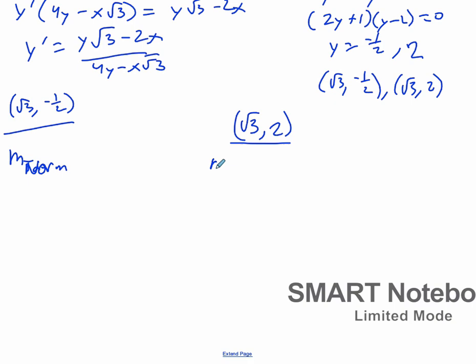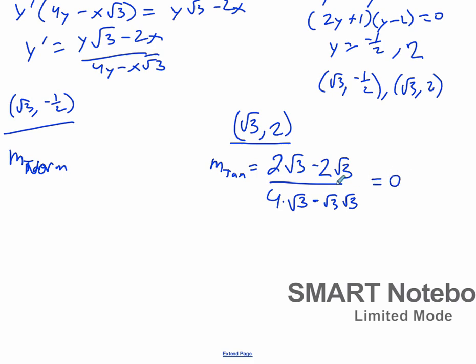So the slope of the tangent at that point is, well, we have to plug in both the x and the y values. So y equals 2, and then root 3 minus 2 root 3 over 4y, so 4 times root 3, x root 3, so that's root 3 root 3. That should be a minus in between. So notice the numerator is 0, so the slope of the tangent equals 0.